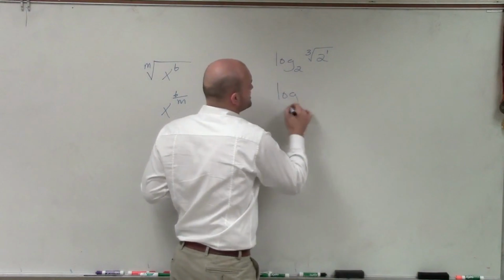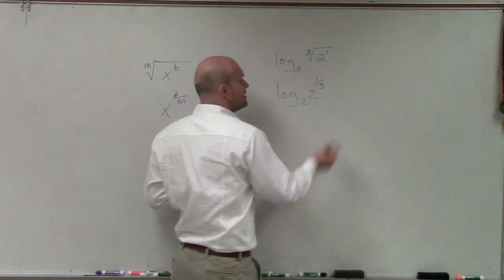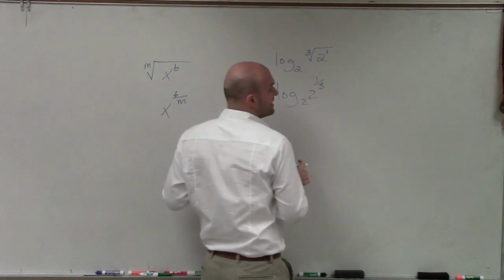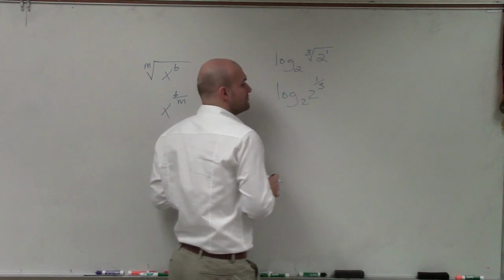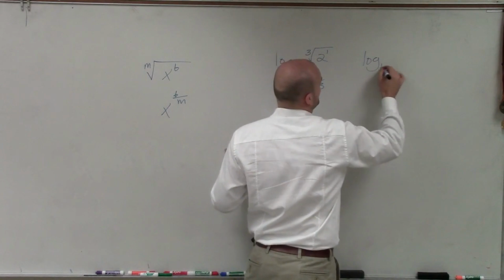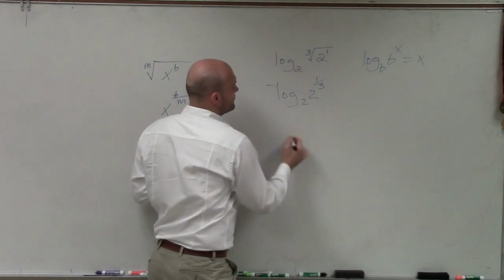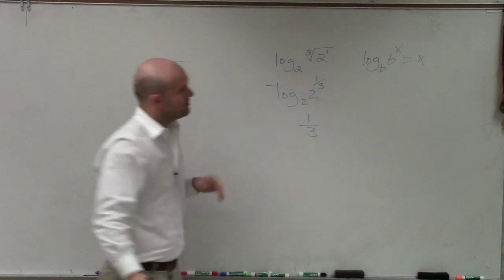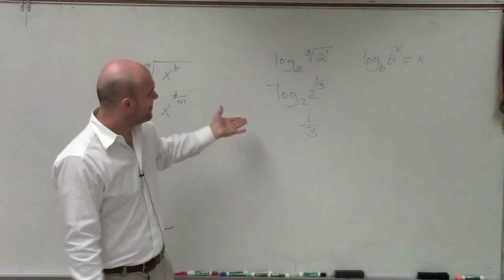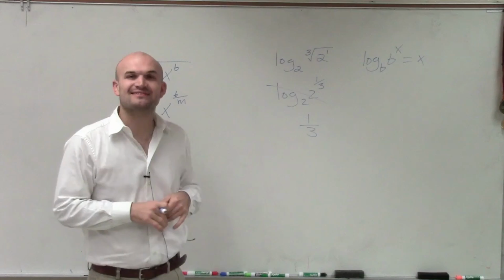Therefore, I can rewrite this as log base 2 of 2 to the 1/3 power. Now that I've rewritten it as a rational exponent, I can use my property that log base b of b raised to the x just equals x. So that equals 1/3. So there you go, ladies and gentlemen. That is how you evaluate your logarithmic expression. Thanks.